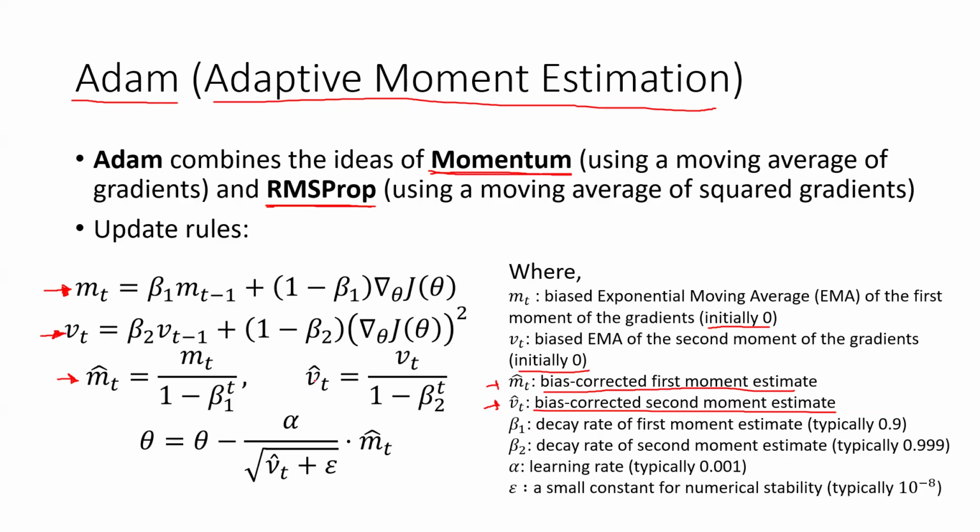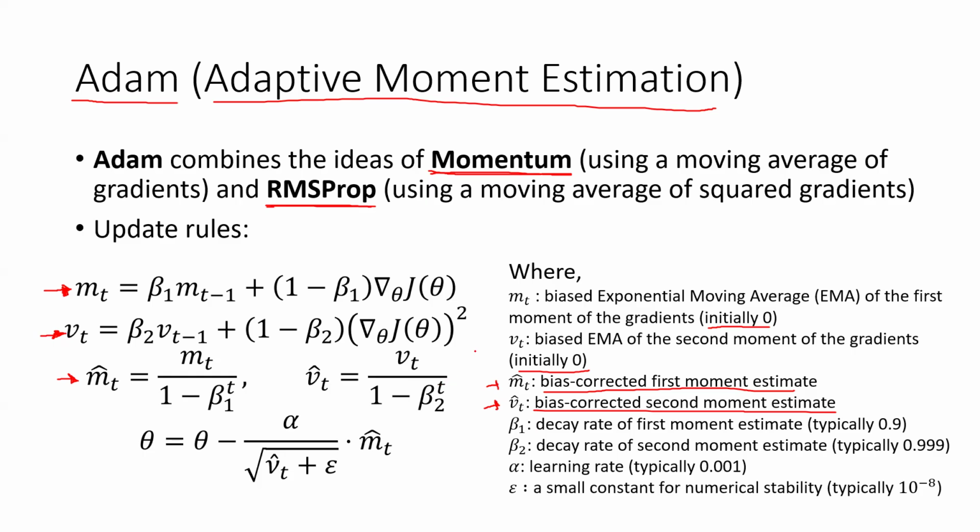Similarly, to calculate the bias corrected version of the estimator for the second moment of the gradients, we divide the original biased second moment of the gradients by 1 minus beta 2 to the power t, right?